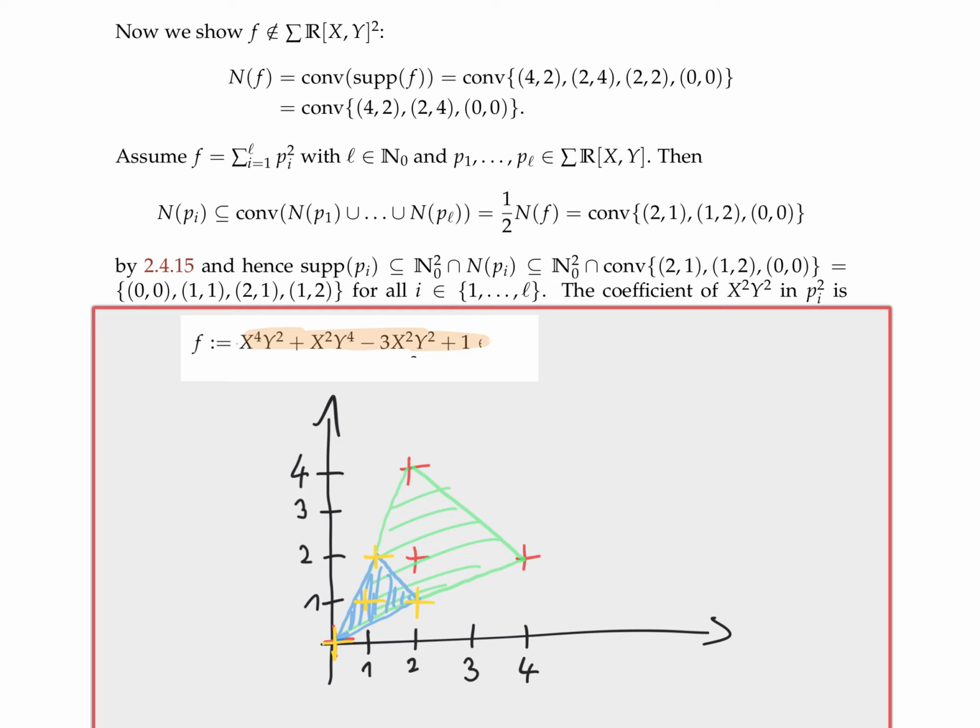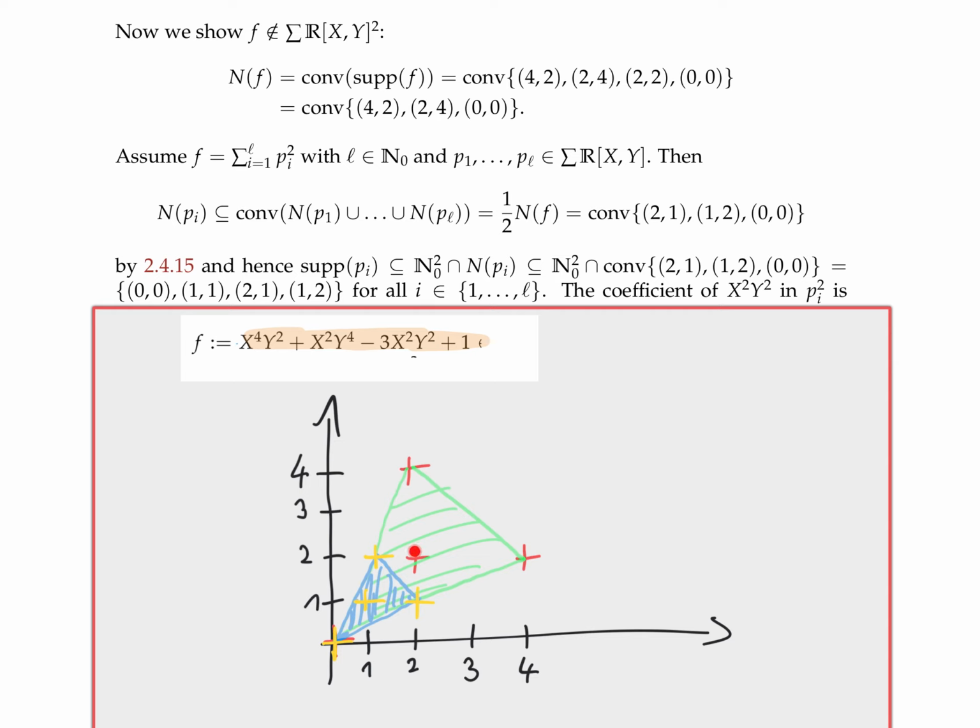So the coefficient of x squared y squared in p_i squared, you know that's this one, right? Now the Newton polytope of p_i squared is again contained in this one, right?